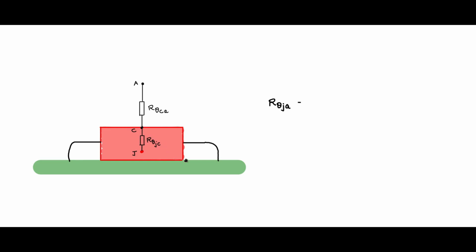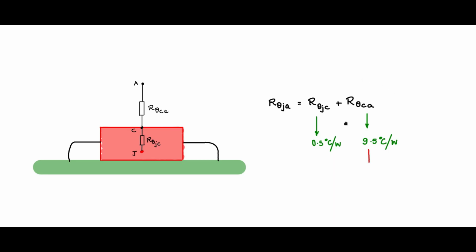So R theta JA can be written as R theta JC plus R theta CA. R theta JC will be around, let's say, 0.5 degrees centigrade per watt. It will vary from component to component, but I am just giving the order of magnitude. And the remaining part will be around 9.5 degrees centigrade per watt for the example that we just discussed.